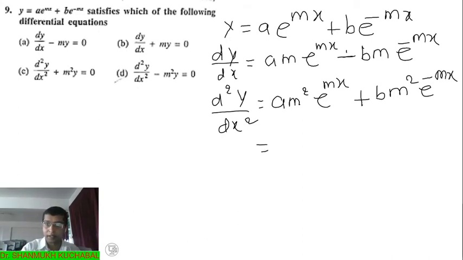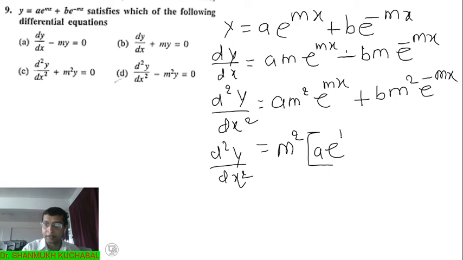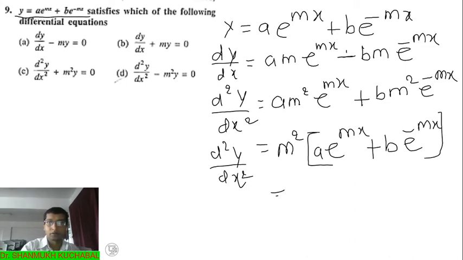So m square is common, so here it is d square y by dx square. So we get a into e raised to mx plus b into e raised to minus mx. Further, from the given equation, we can take it as y, so it is m square multiplied by y.